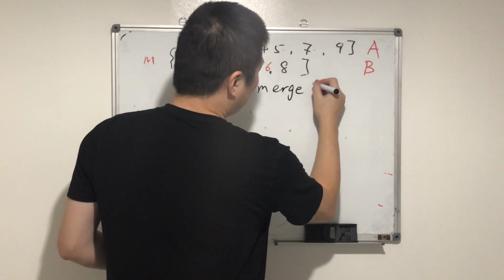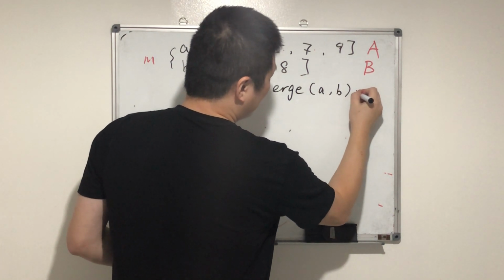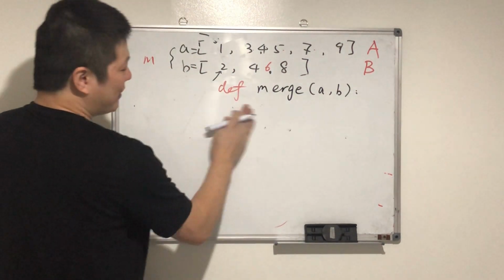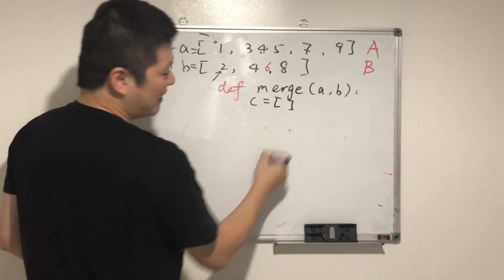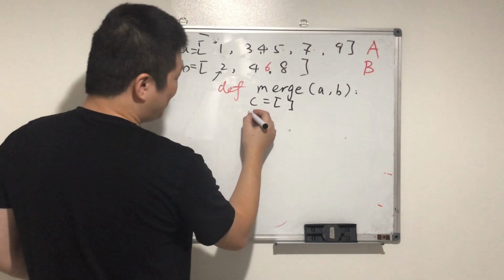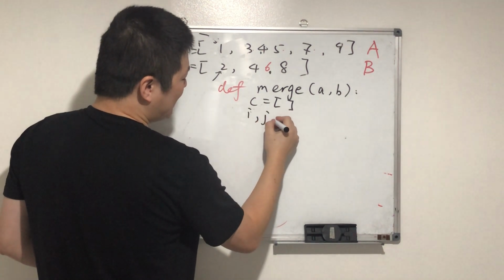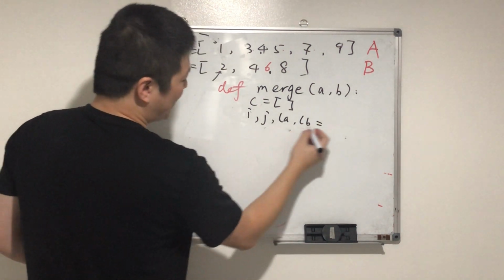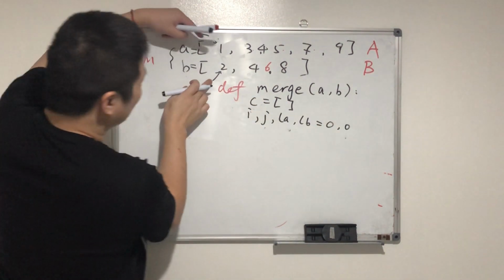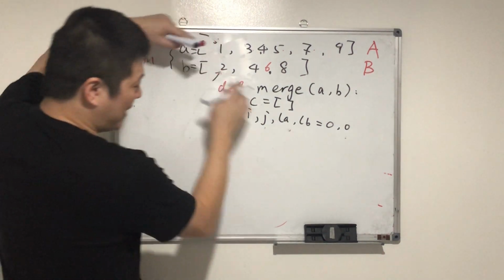Define merge A, B, right? Okay, so now we have a C. C equals the empty list at the beginning, right? Now we need I, J, LA, LB. These 4 variables. I, J will be the beginning, 0, 0. 0, 0 means the first element, yeah?